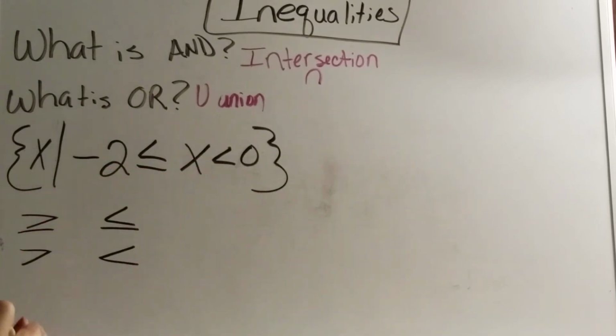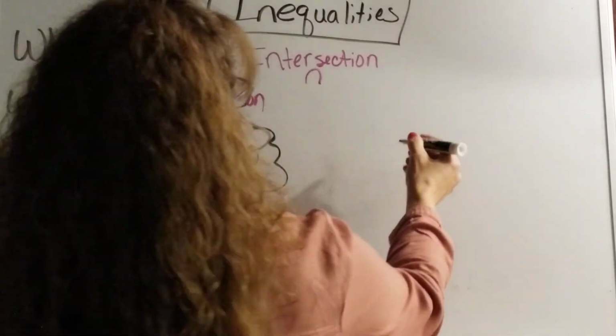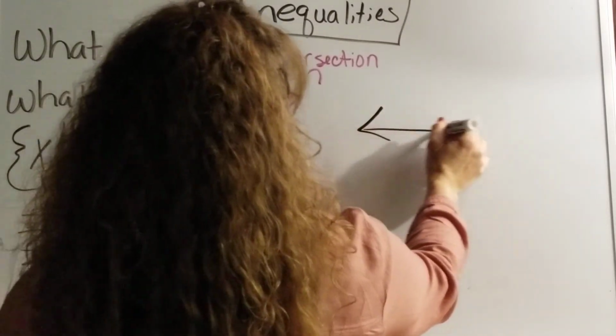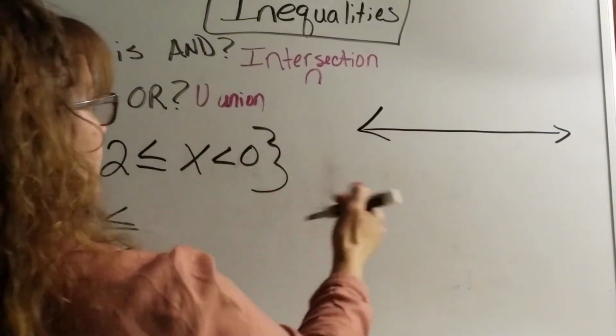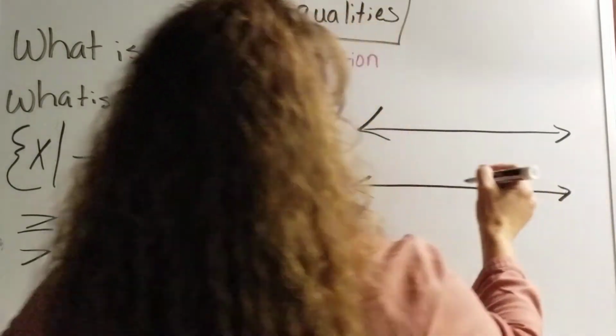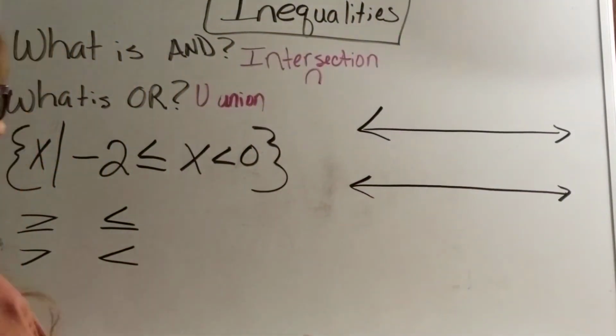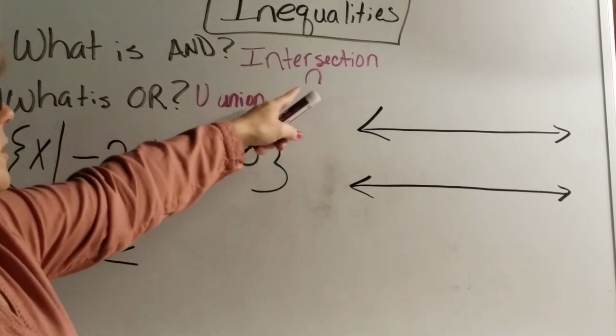What I like to do is when I see something like this, I graph it. I take me a line. And since the x is falling between two different points, let's put this on two separate lines and let's read it separately, only because we're actually going to solve for these.